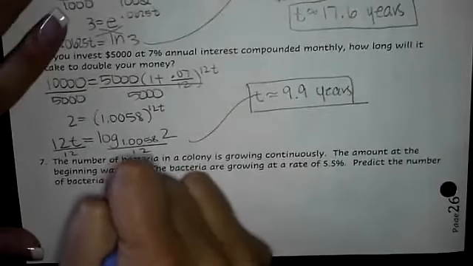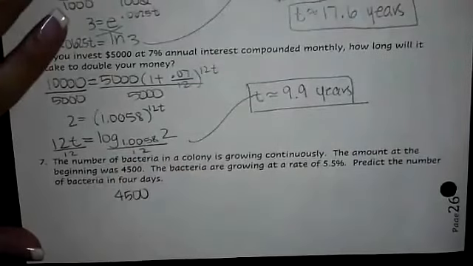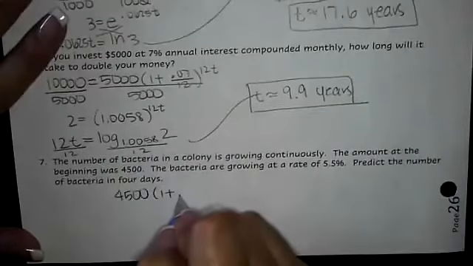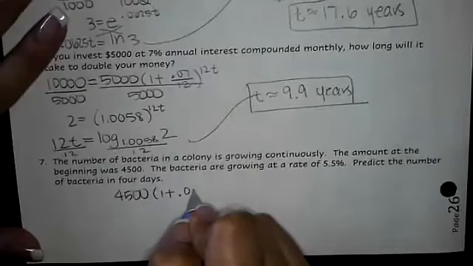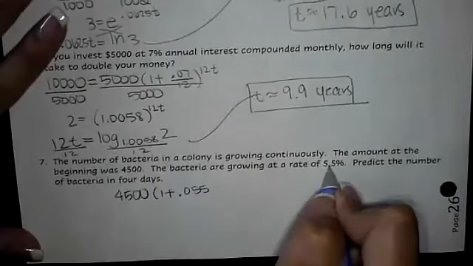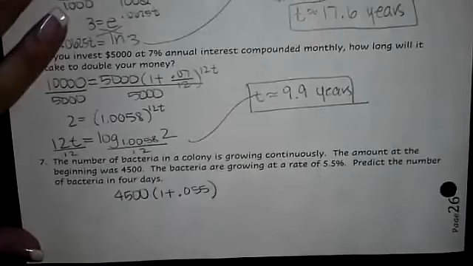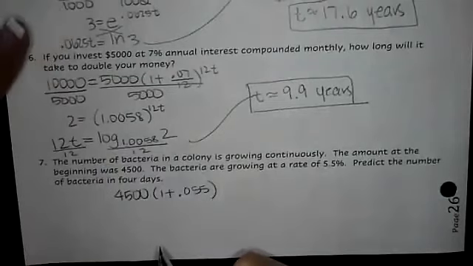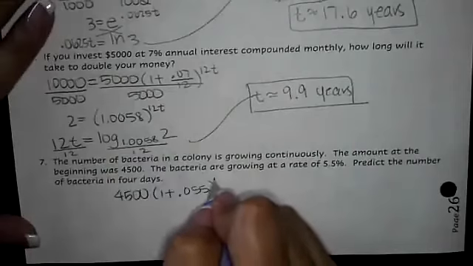So here we would have 4,500 as our initial amount. It is growing, so it's going to be 1 plus, and our rate is 0.055. I move this decimal over 2 places. It wants us to predict the number of bacteria after 4 days.